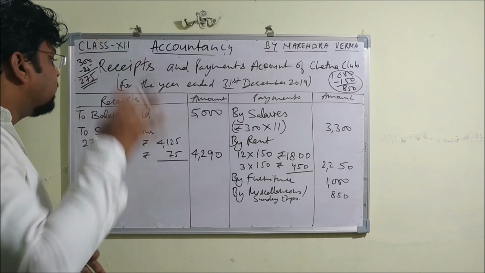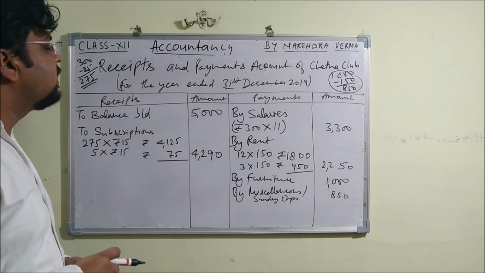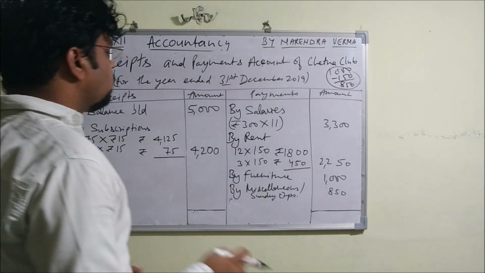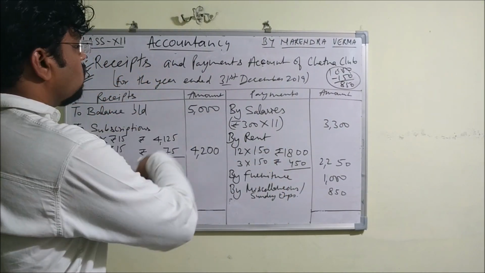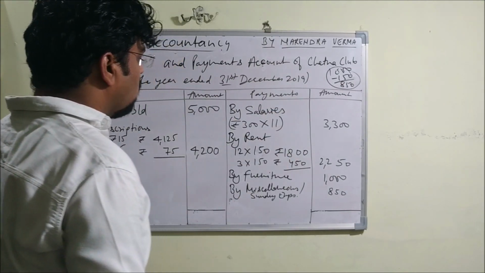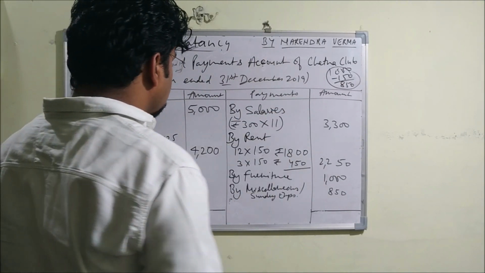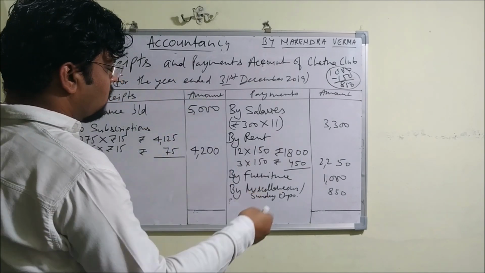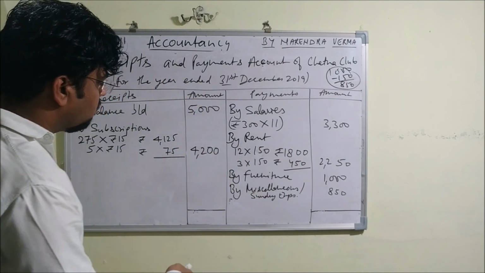You can reread the question and check whether all the items have been mentioned here or not. Okay, now it's time to balance this. We need to see which of receipts or payments has more amount. So separately we'll total these. First I'm totaling this one because I can see it has the larger amount.